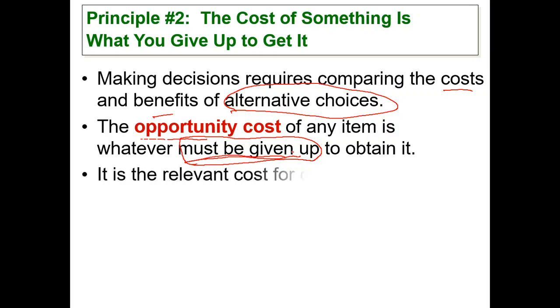Okay, let's proceed. Okay, in terms of the cost of something is what you give up to get it. Principle number 2, it is the relevant cost for decision making, no? So there is a cost in our every decision making. Kaya nga in our everyday life, we have to study in our decision because there must be a cost.